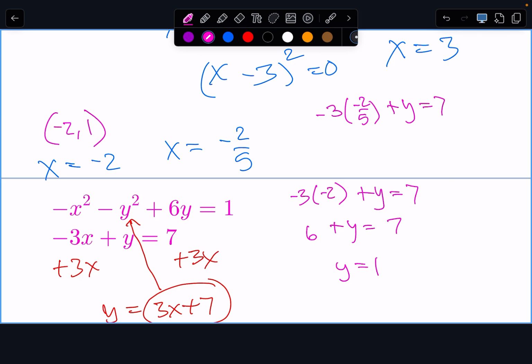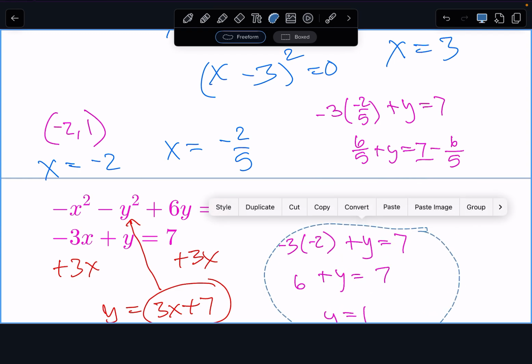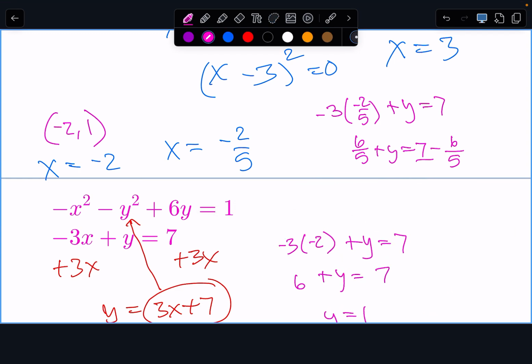So that would be -6 over 5 plus y equals 7. So y equals 35 over 5 plus 6 over 5, 41/5. That's horrible. We should have just done it the other way.